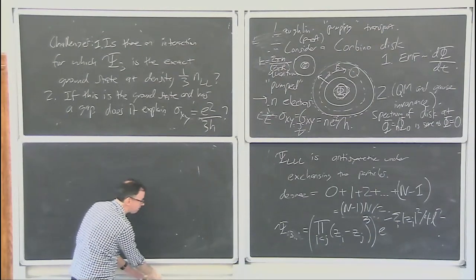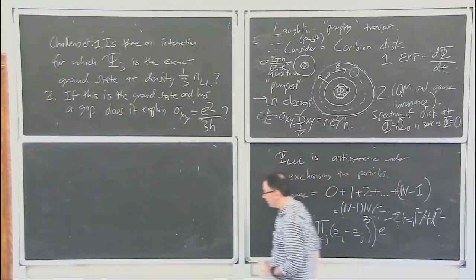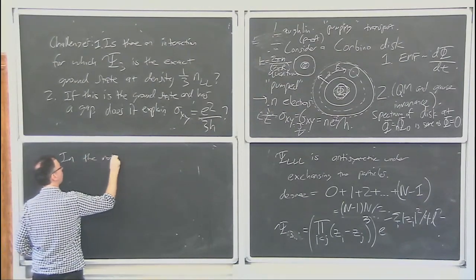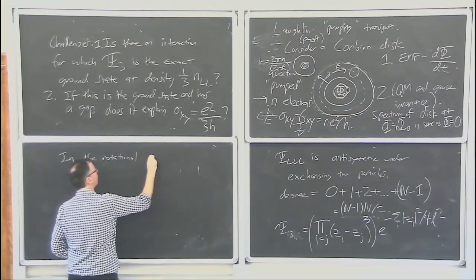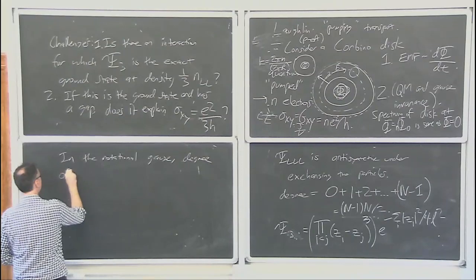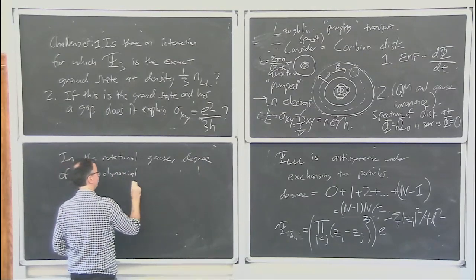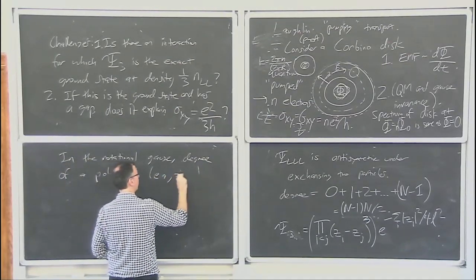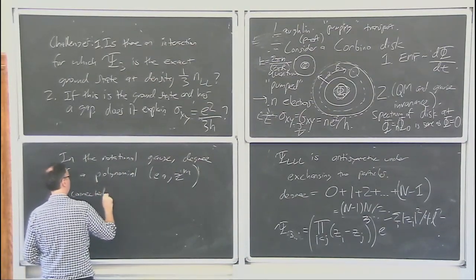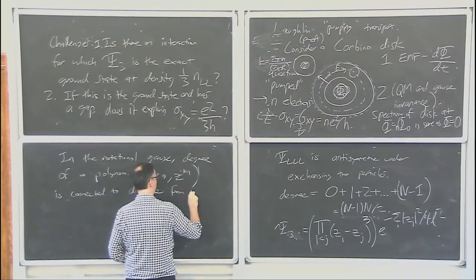So how to think about this state before we talk about what interaction makes it exact. First of all, in the lowest Landau level, in this rotational gauge, it makes sense that the degree of a polynomial, z to the m, is connected to distance from the origin.